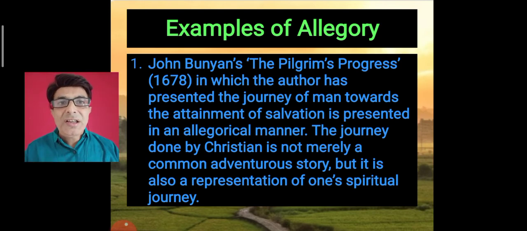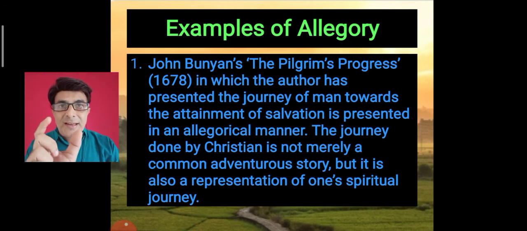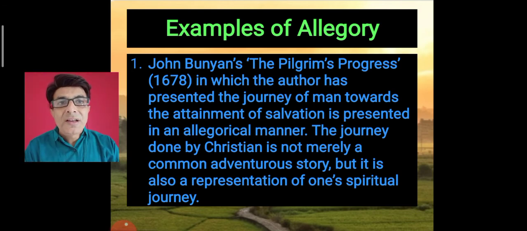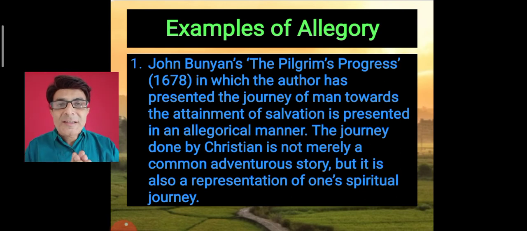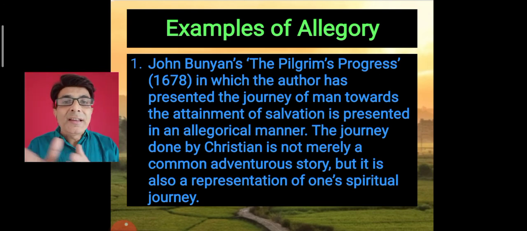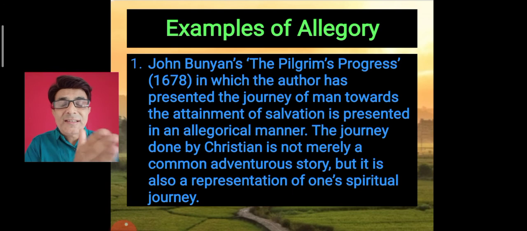The journey is done by Christian, the protagonist of this work, who is not merely a common adventurous character. In The Pilgrim's Progress, John Bunyan has presented some adventures of this character called Christian, but through that character, he wants to present the whole Christian life of man, how a man progresses in life towards the attainment of salvation, right?